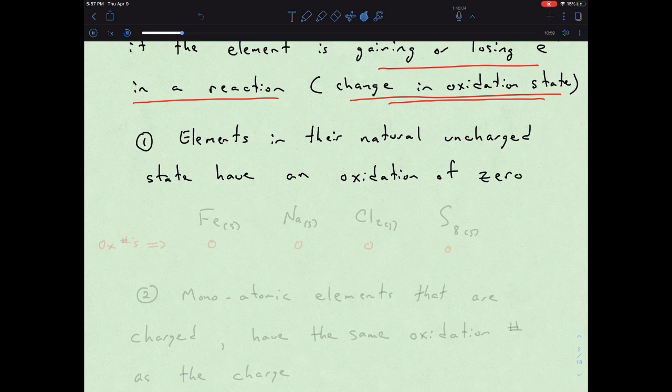So if we look at iron solid, for instance, it would have an oxidation number of 0, and I can put these oxidation numbers down here in red. Or if maybe we had sodium. Or we could have chlorine.